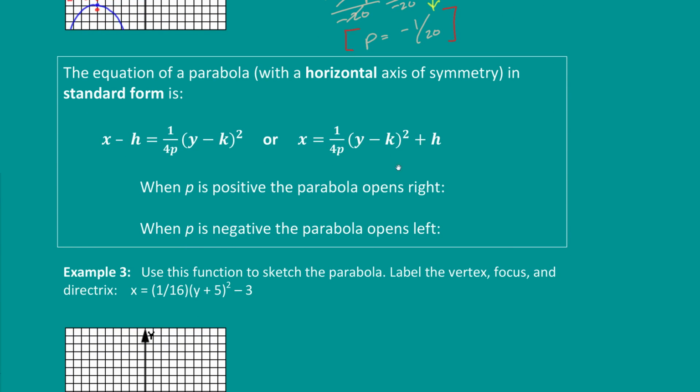Similarly, before we always dealt with our parabolas opening up or down, but even though they're not functions, you can still have parabolas that open right or that open left. Those are going to be, instead of y equals x squared, x equals y squared. Now remember, these are not functions of x because they fail that vertical line test.